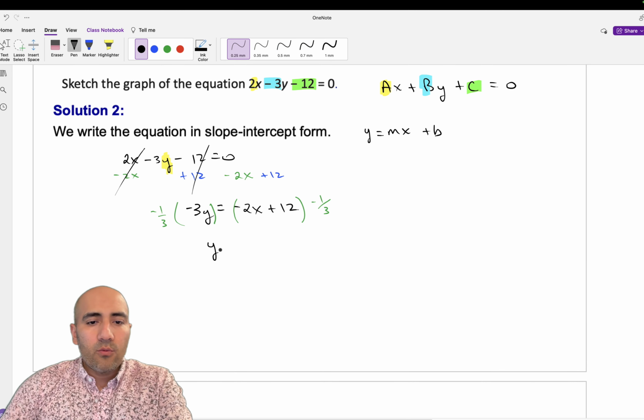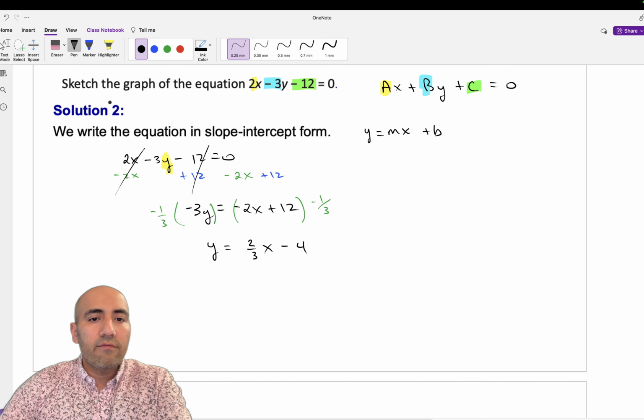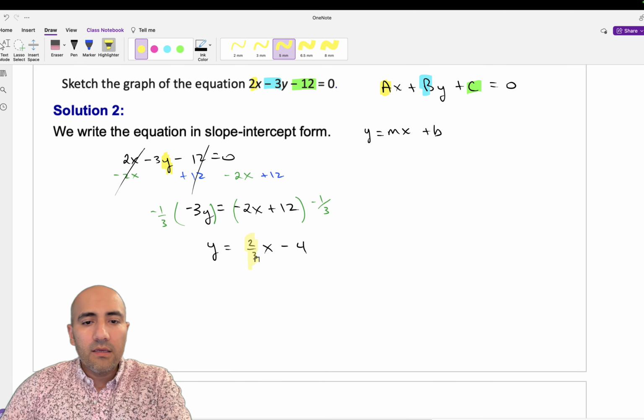And so I end up with y equals negative 2 times negative 1/3 becomes positive 2/3 x, and 12 times negative 1/3 becomes minus 4. Okay, so now this fits the slope-intercept form, where the m is 2/3 and the minus 4 is the b.